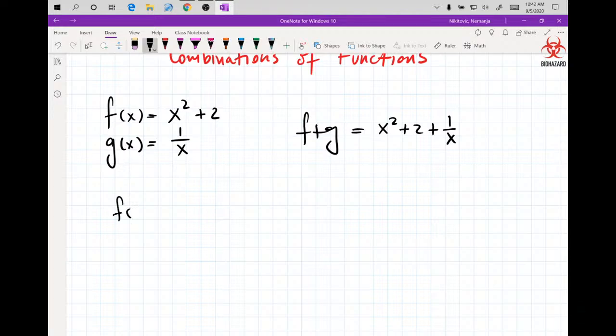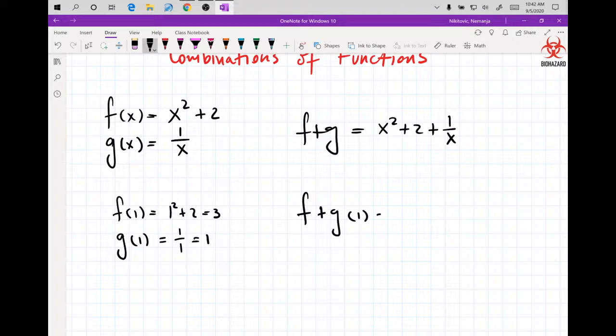How much is f of 1? Well, that's 1 squared plus 2, which is 3. And g of 1 is 1 over 1, which is 1. And how much is f plus g of 1? Well, it's 1 squared plus 2 plus 1 over 1, which is 4.